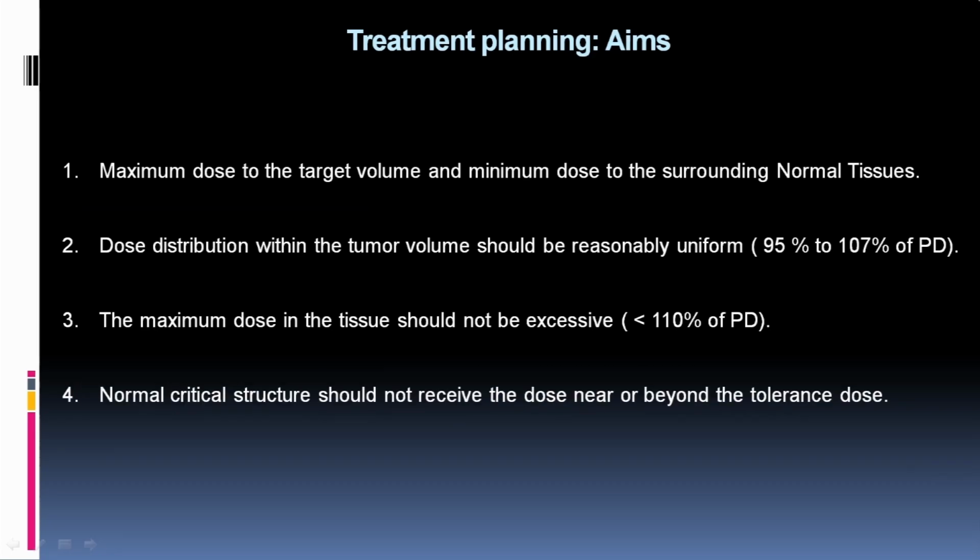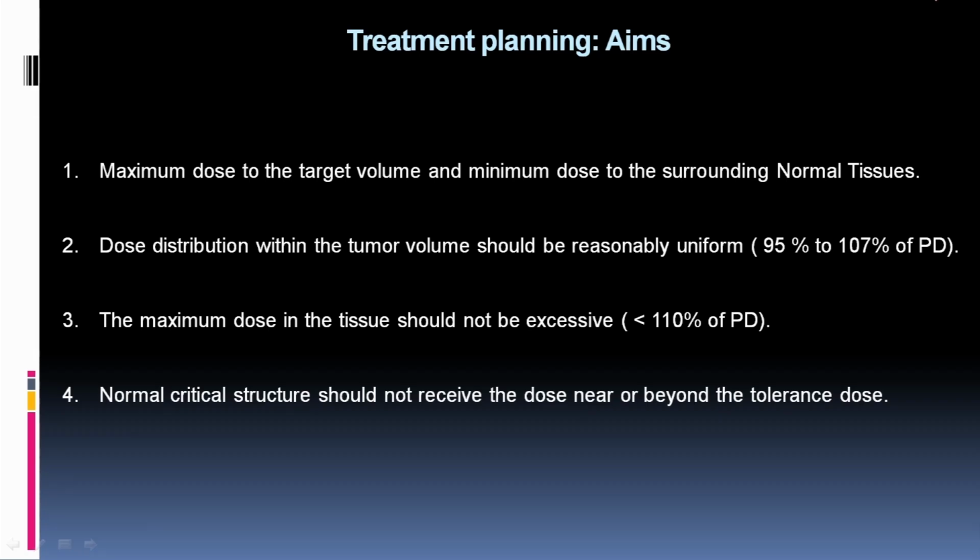Now first, to understand we must remember all these aims of treatment planning or goals of radiation therapy treatment planning, where the first point is we need to deliver the maximum dose to the tumor.